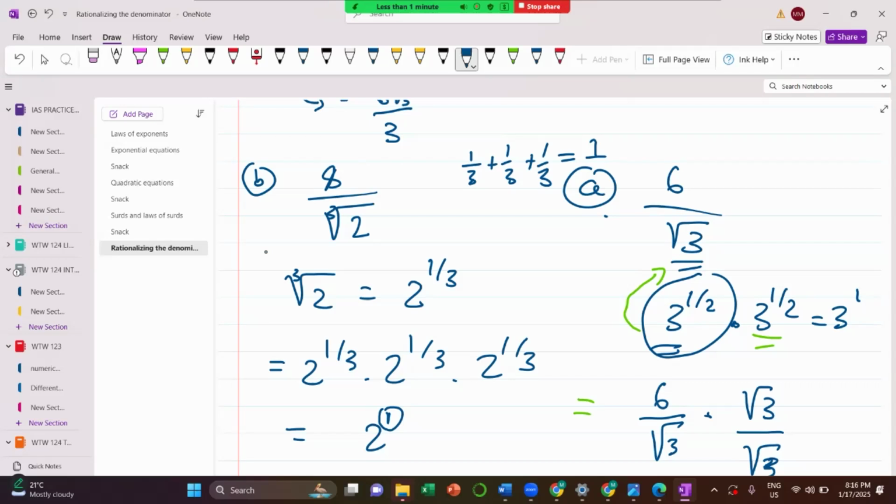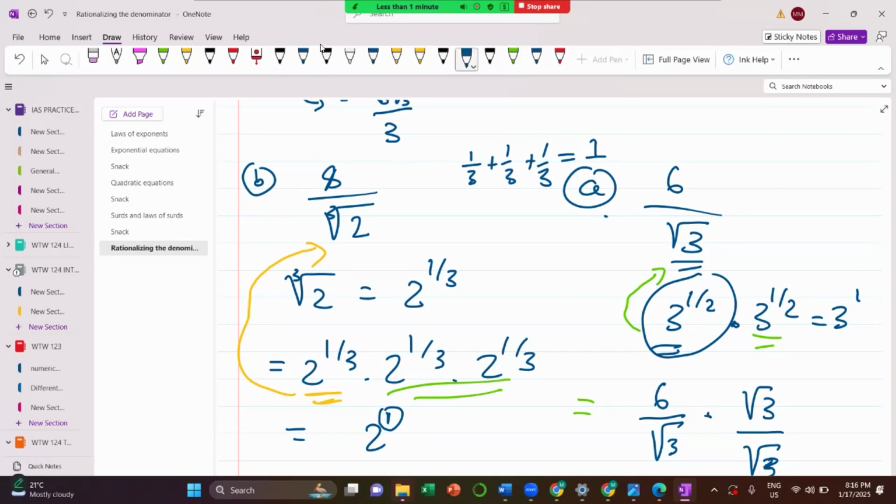I'm multiplying 3 times. But check, I already have one of them. I already have it there, the denominator. So this means I only need how many additional? I need to only multiply 2 other ones at the top and at the bottom.